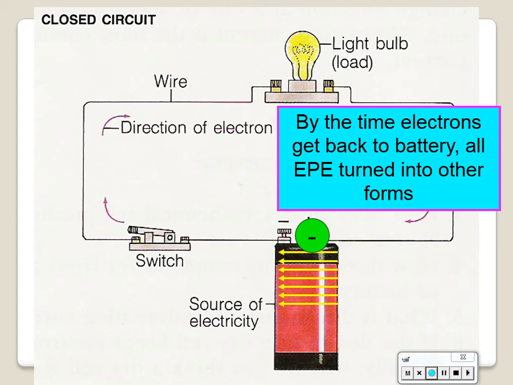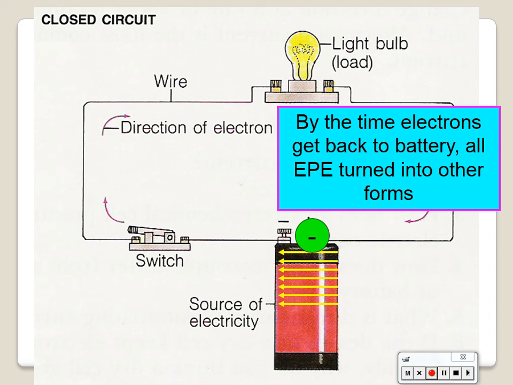Or, depending on what's in your circuit, it could have turned it into more kinetic energy, like if it's in a remote control car, it turns it into kinetic energy of the car. If it's part of a speaker, it could turn it into sound energy. It has to turn electrical potential energy into other forms. When these charges get back to the positive terminal of the battery, they don't have any more potential energy.